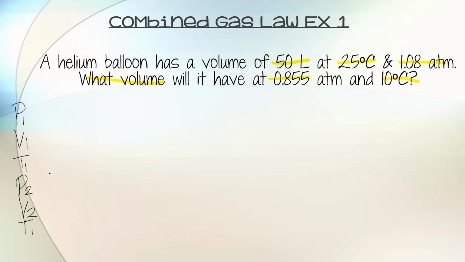Pressure still has to be in atmospheres. Volume still has to be in liters or milliliters. Doesn't matter as long as you're consistent. And temperature has to be in Kelvin.